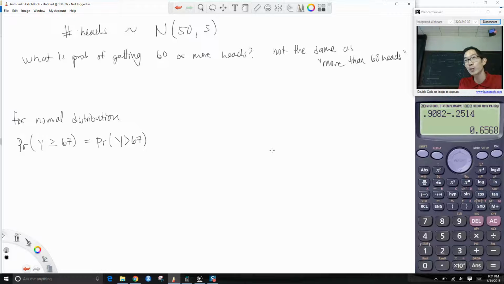If it's a normal problem, no continuity correction. If it's a binomial problem, no continuity correction. Only when it's the normal approximation to the binomial, do the continuity correction.